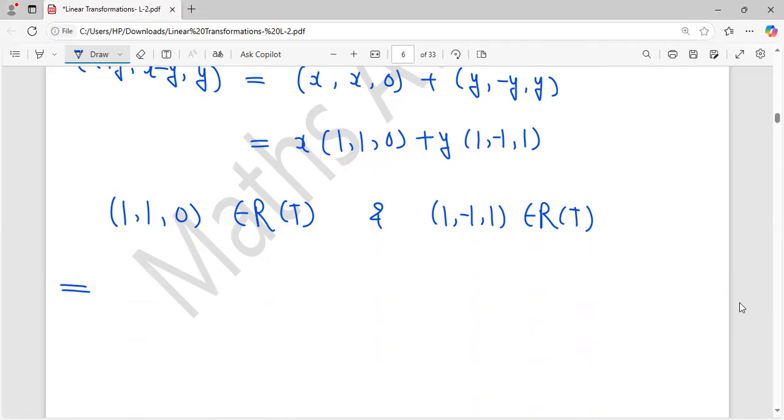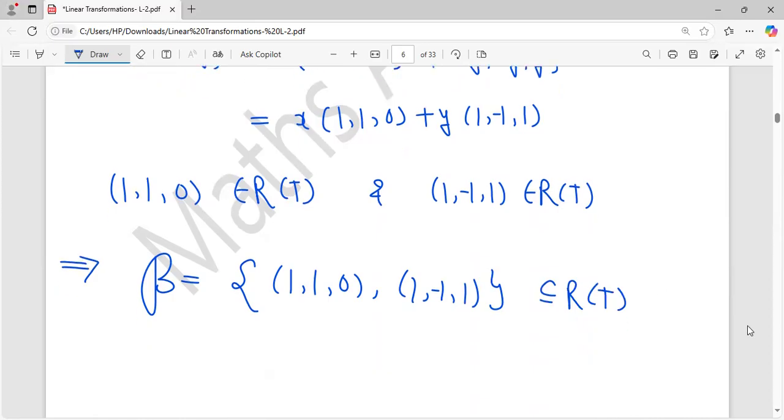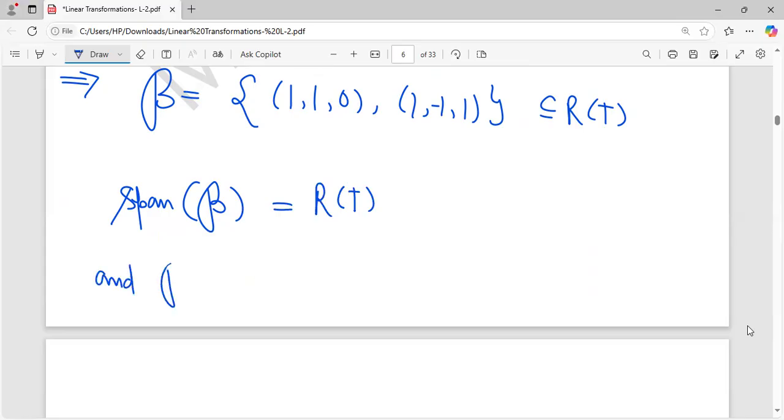So this implies B, which is {(1, 1, 0), (1, minus 1, 1)}, is a subset of the range of T. The span of B is equal to the range of T and B is linearly independent.